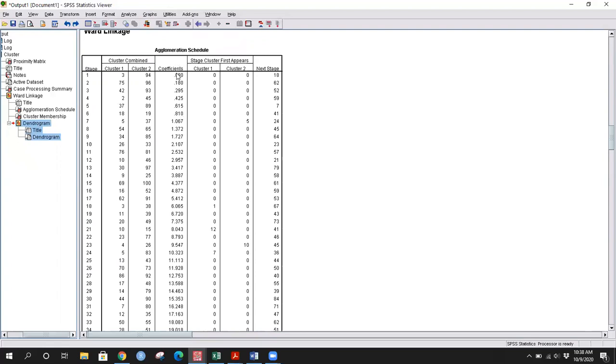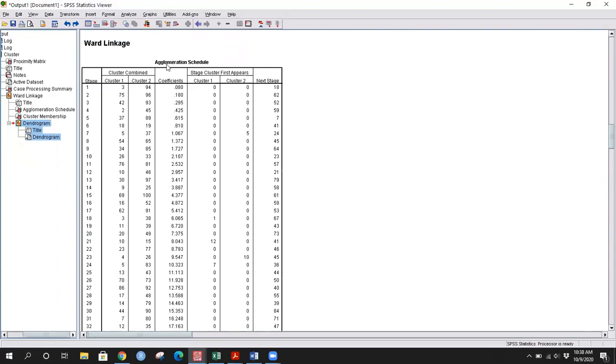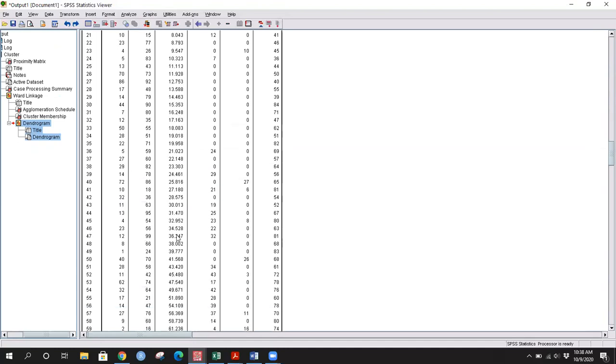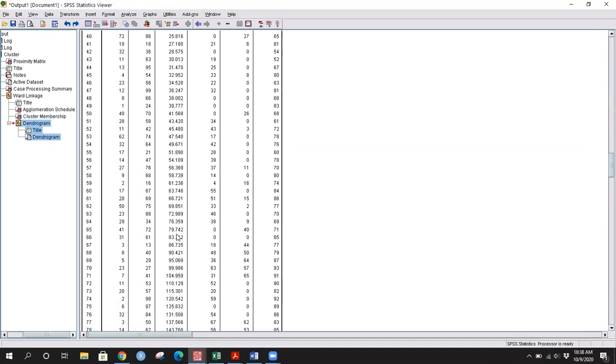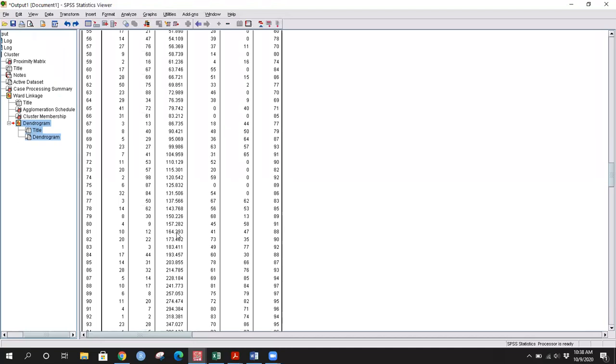So this is actually the squared Euclidean distance which you told SPSS to work out using the Ward linkage. So for this distance, the larger the distance, the more dissimilar clusters are getting joined, or the more dissimilar people or cases are becoming a part of your cluster. That is something we do not want, right? So from this, we can understand that this agglomeration coefficient is nothing but a dissimilarity measure.